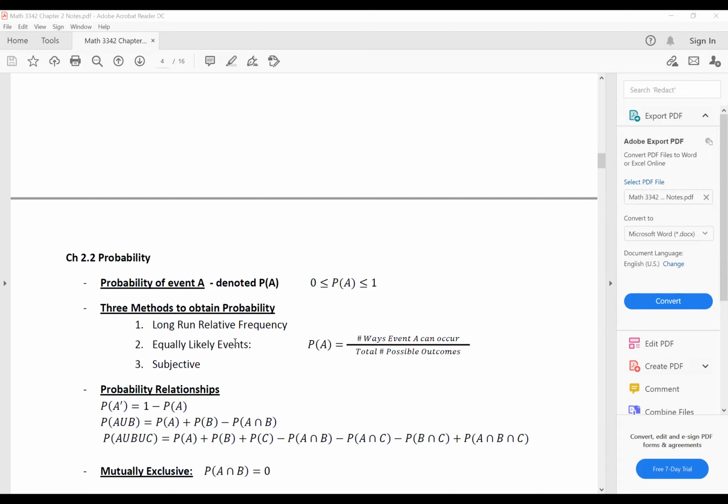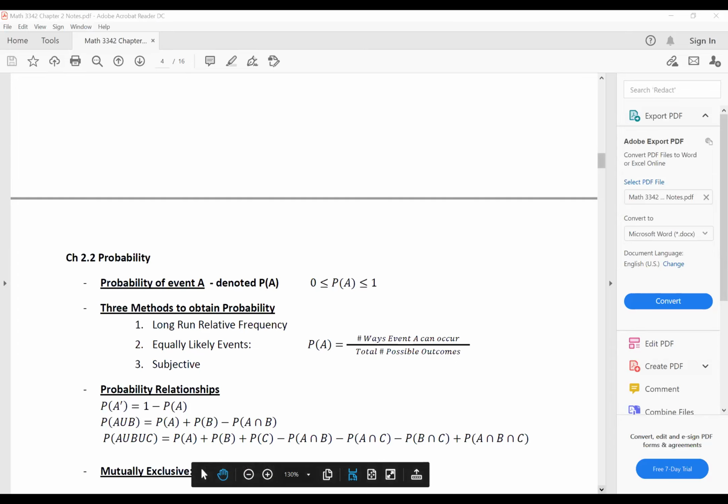This is also actually relative frequency. Then, equally likely events. If all the outcomes have the same chance of occurring, then these events are called equally likely events. For example, if the coin is a fair or unbiased coin, then if you toss it, it has a 50% chance of head and a 50% chance of tail.